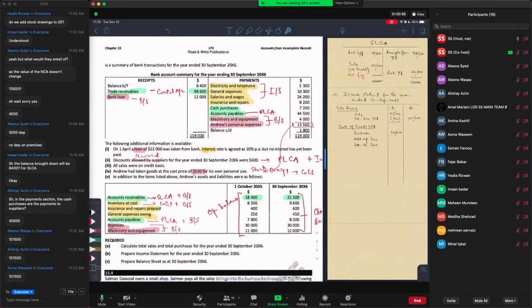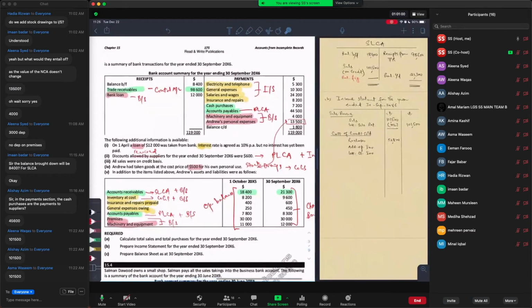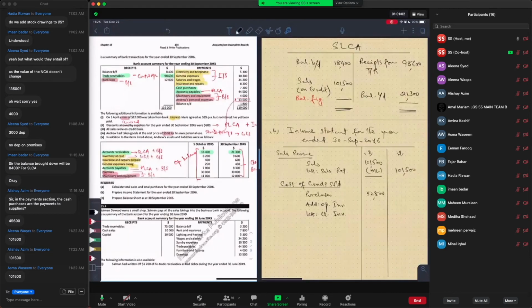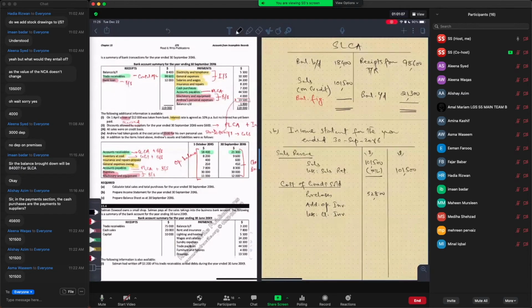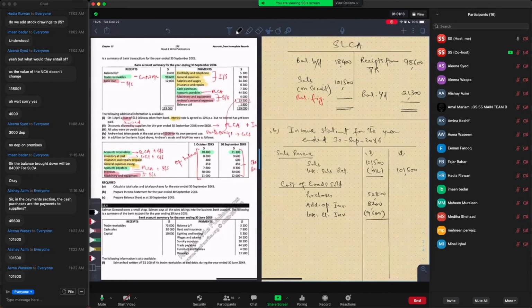So we are going to put these values here, 8,200 and 9,600. That's our opening and closing inventory, right? And now we get the cost of goods sold. So can you tell me the cost of goods sold here?